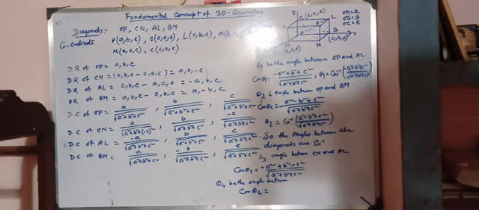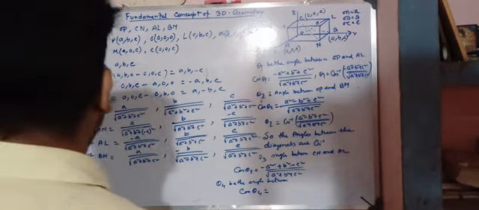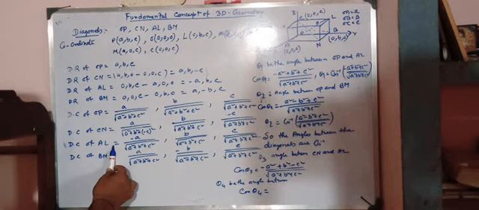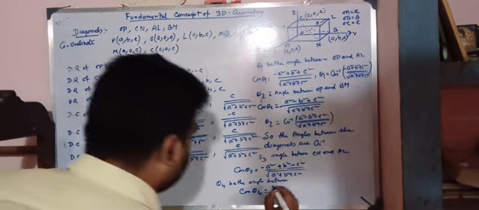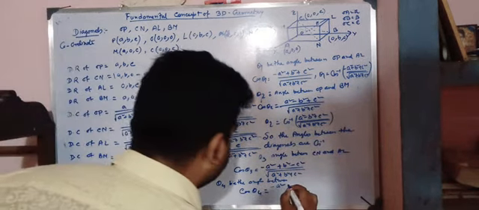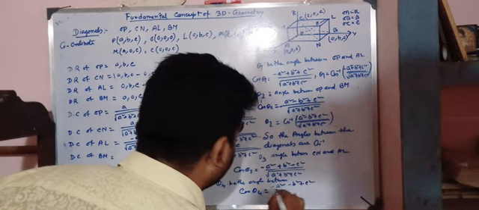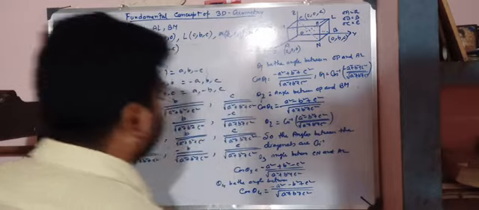Okay, next cos theta 4, theta 4 is the angle between AL and BM. So cos theta 4 is equal to minus A square minus B square plus C square by root under A square plus B square plus C square.